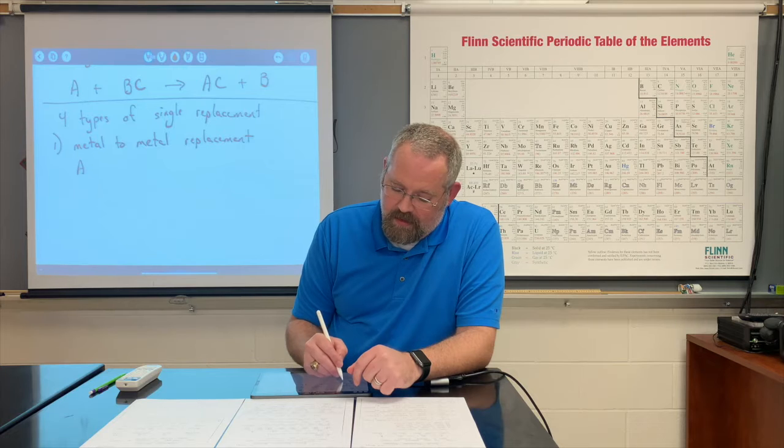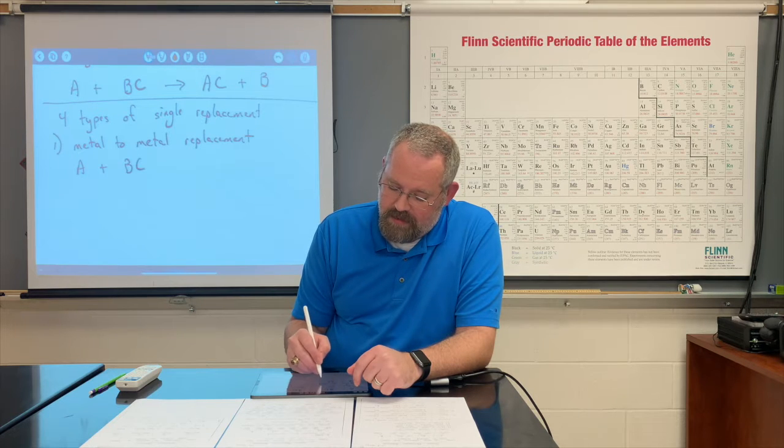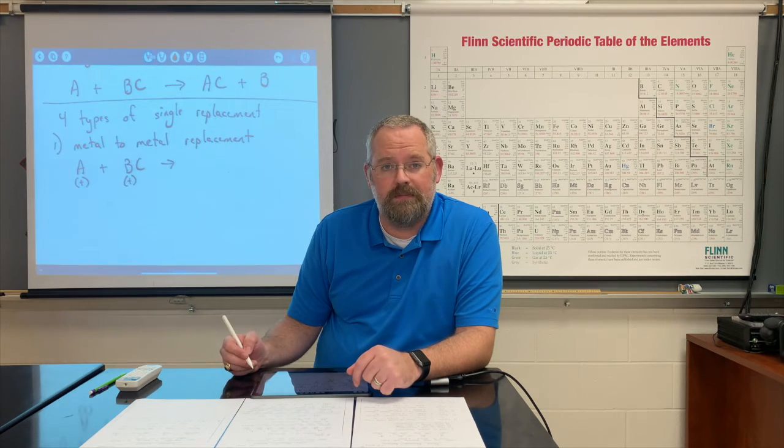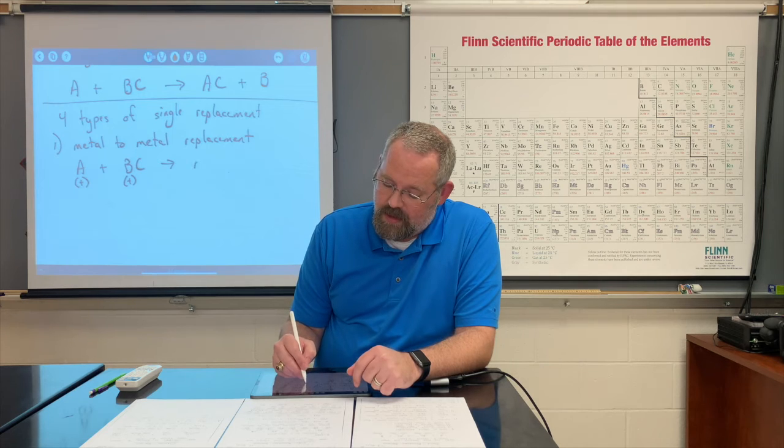I've got metal A plus compound BC, and in this particular case, both my A and my B are my metals, my cations. So I'm going to end up with AC plus B.